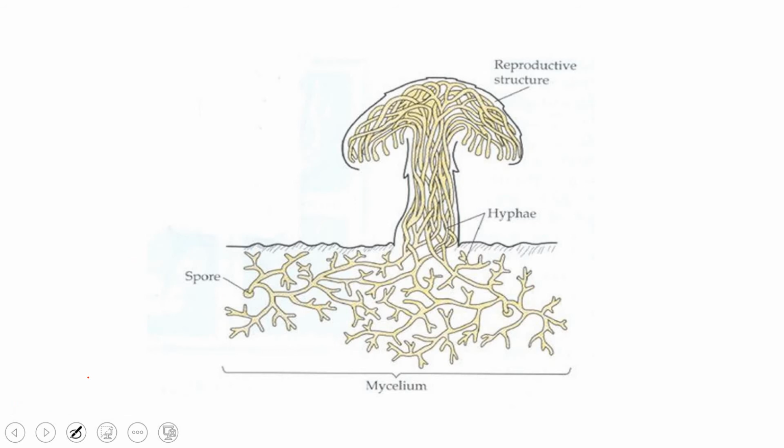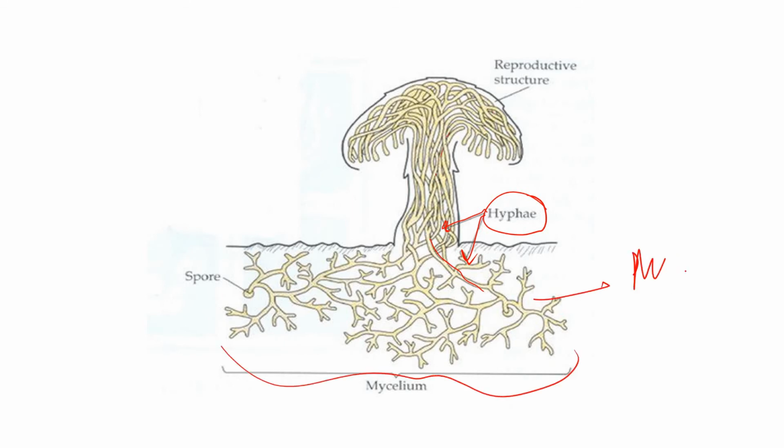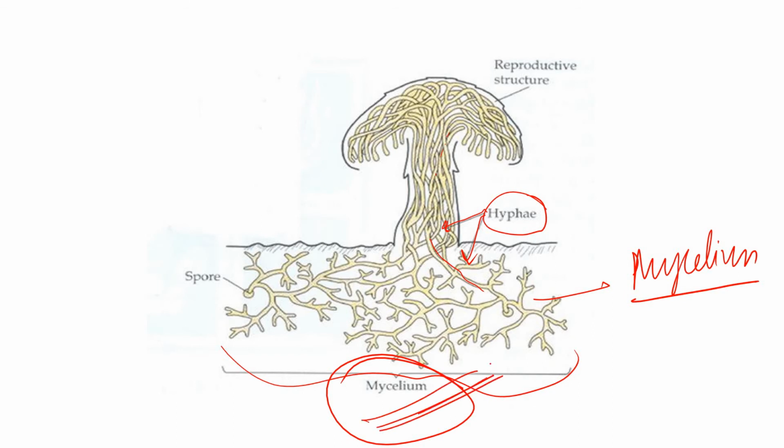So, see, these are thread-like structures you can see, all connected to each other, and these thread-like structures are called the hyphae, and this entire thing is then called the mycelium. So hyphae are thread-like structures, and when these thread-like structures come together, then that body of a multicellular fungus is called the mycelium.